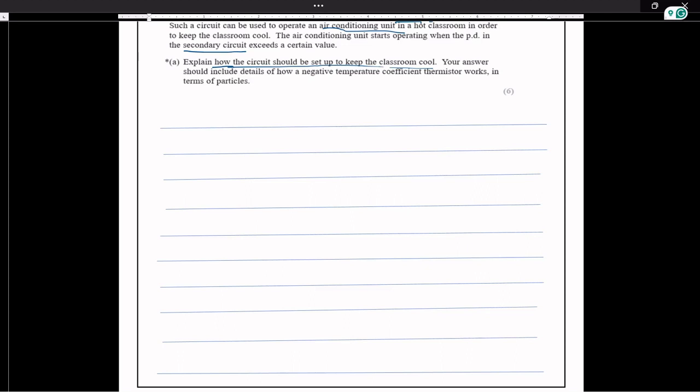So the thermistor, we know that it is a temperature dependent component. The resistance of the thermistor depends on the temperature. So here, as the temperature given to the thermistor increases, the number of conduction electrons also increases.